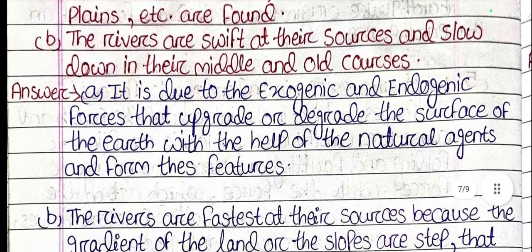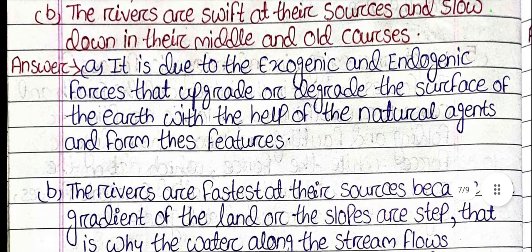So we'll discuss one by one. First is question number A. It is due to the exogenic and endogenic forces that upgrade or degrade the surface of the earth with the help of natural agents and form these features.